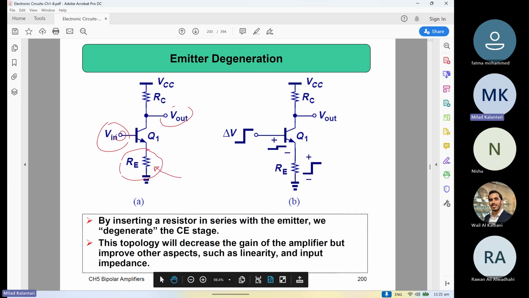In the bias circuit, we use this kind of structure, right? So sometimes we need to have this RE for the bias. Yes, although it will generate a negative feedback, but now I just try to go back to our own knowledge.